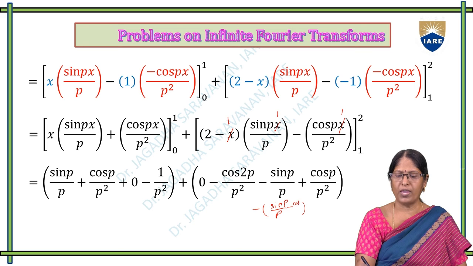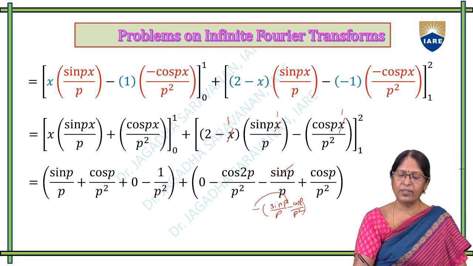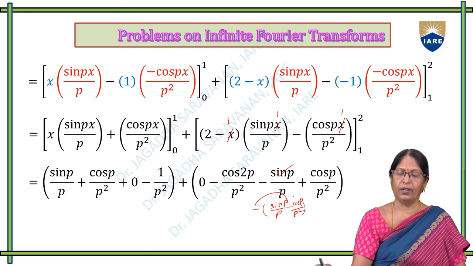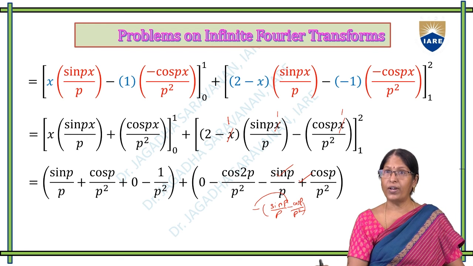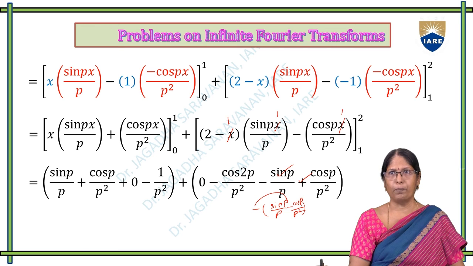So cos p by p square. Next we are taking the minus sign inside. So minus sin p by p, this minus put together plus cos p by p square. So the entire first integral and second integral substitution is completed.